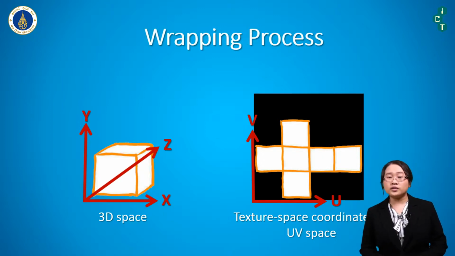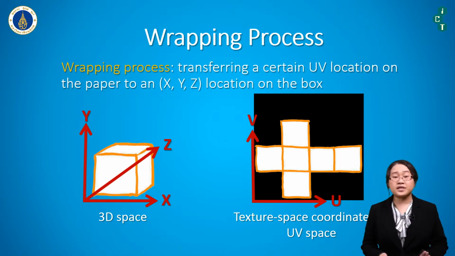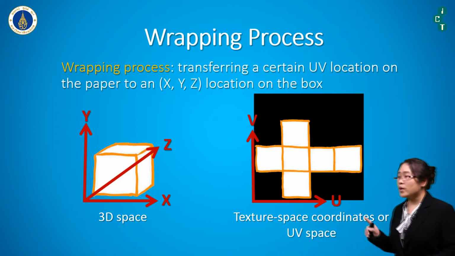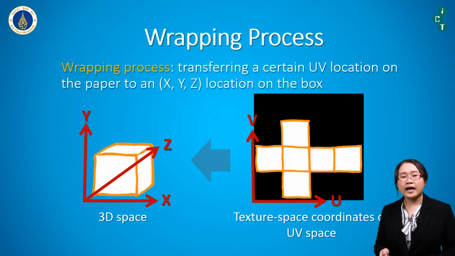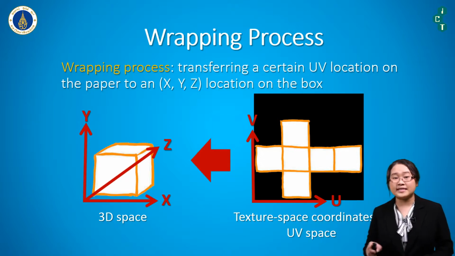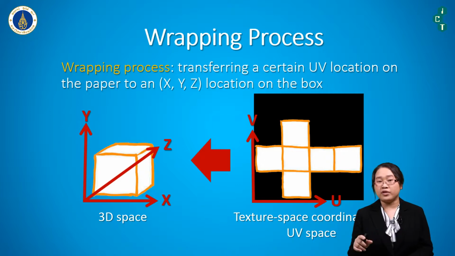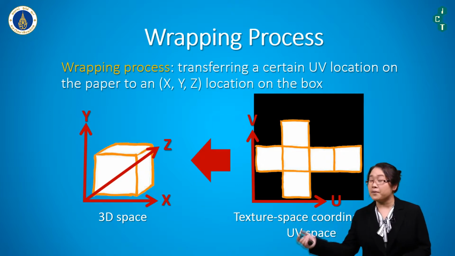Then we are going to study the wrapping. So there are two concepts that you should know before you do the UV mapping. The first one is the wrapping process. The idea of the wrapping process is if you have the coordinate on an image, which is U and V, you are going to find the mapped coordinates within 3D.